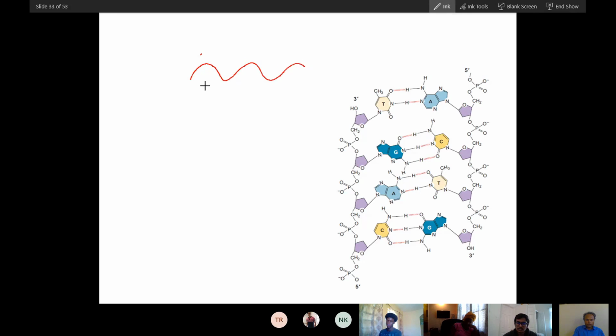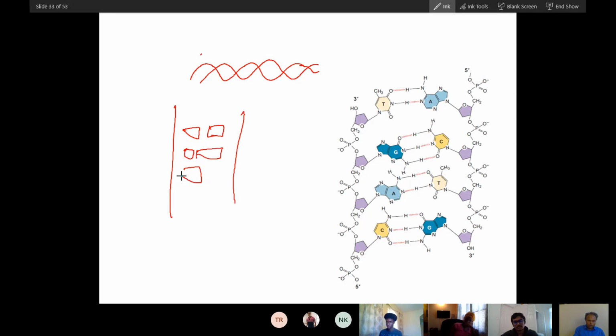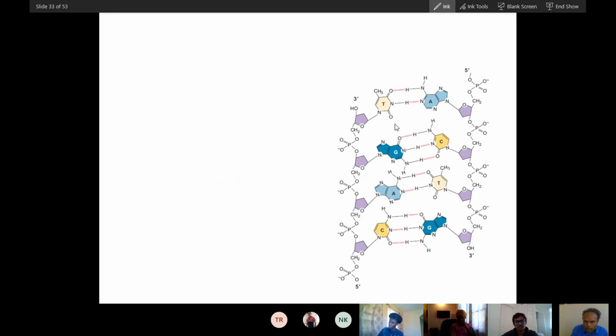So this is a single strand and this is a single strand. Because of the presence of hydrogen bonding between two bases like this, DNA is double stranded. And in this double stranded DNA, you can see this is the backbone. You can compare the whole DNA structure to a stair.